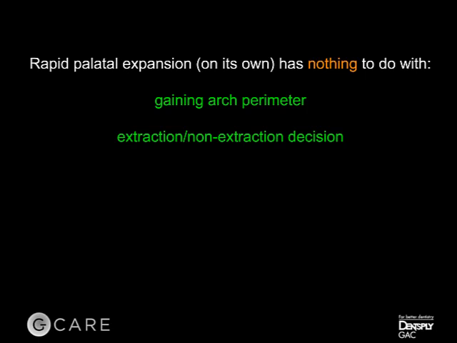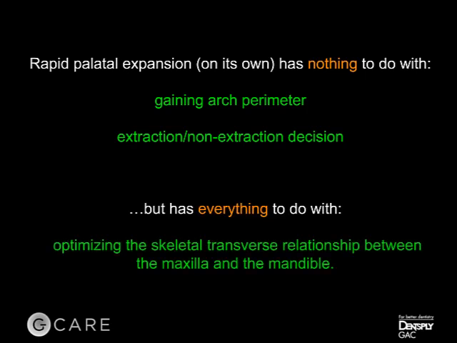So at the end of this webinar, if you can only remember this one slide, this will be the critical part of this whole session. Rapid palatal expansion, at least on its own, has nothing to do with gaining arch perimeter or whether we have to do the extraction, non-extraction decision. The point of what we are talking about is optimizing the skeletal transverse relationship between the maxilla and the mandible.